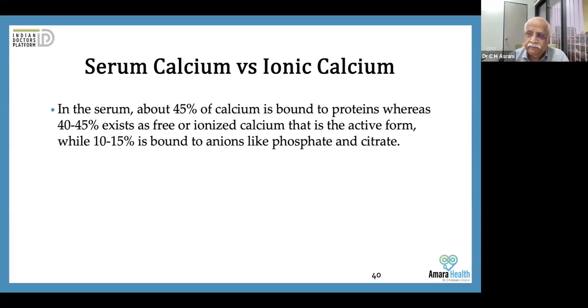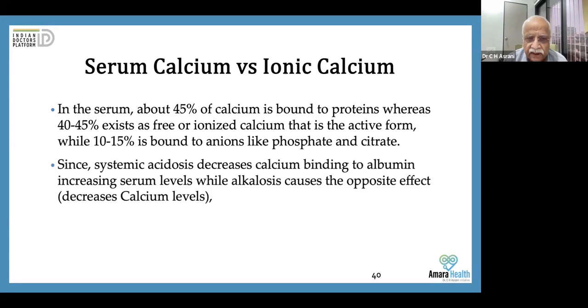In the serum, 45% of calcium is bound to proteins, whereas 40 to 45% exist as free or ionized calcium, the active form, while 10 to 15% is bound to anions like phosphates and citrate. Now comes the importance of where we should do ionic and where we should do total.